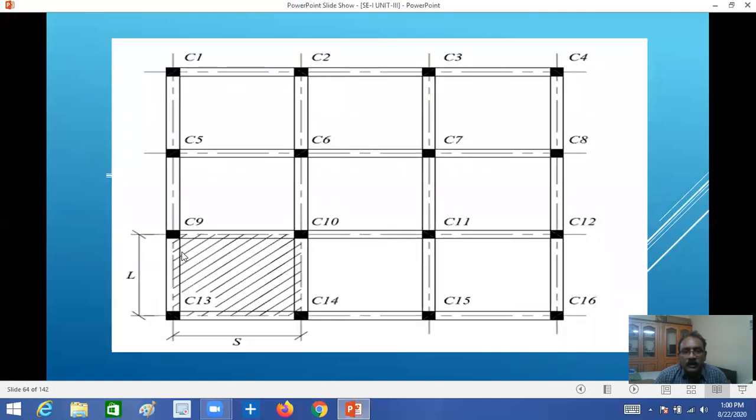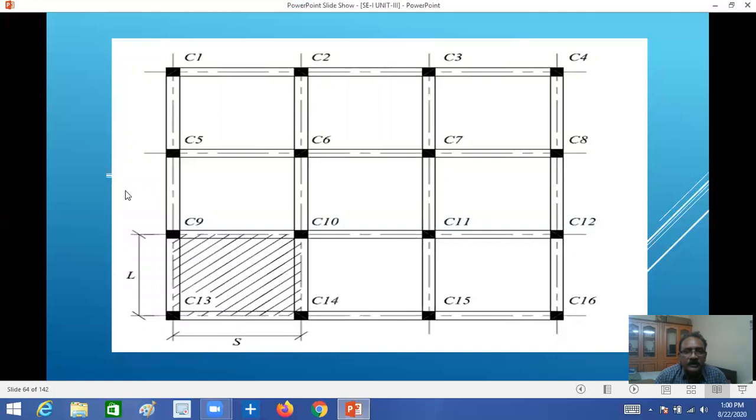For example, this is one of the slabs, and this is a two-way slab. If you see, there are different types of slabs. This is an edge slab: two sides discontinuous, two sides continuous.